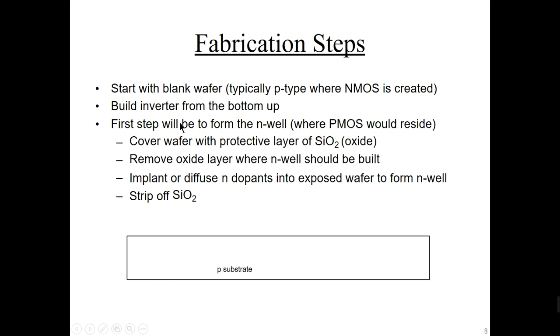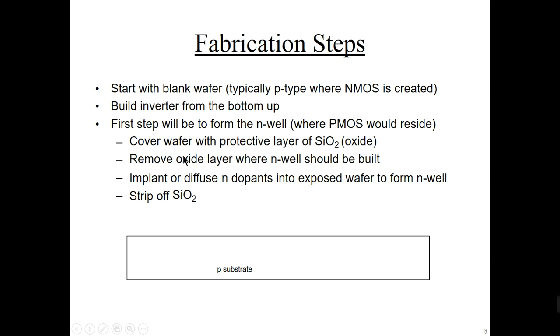So start with a blank wafer, simply a silicon wafer with a thickness of about 1 micrometer. After that, build the inverter from the bottom up. The first step is the N-well process.